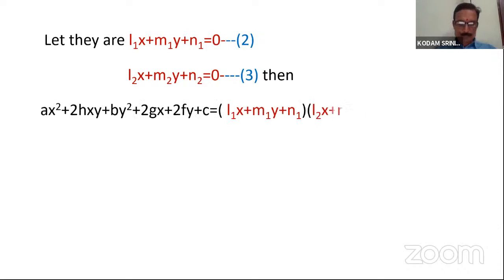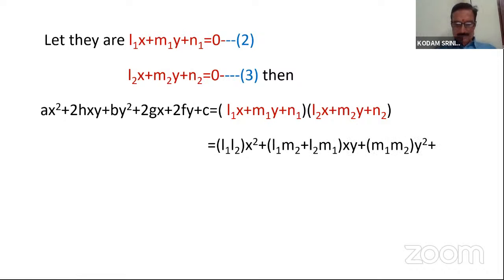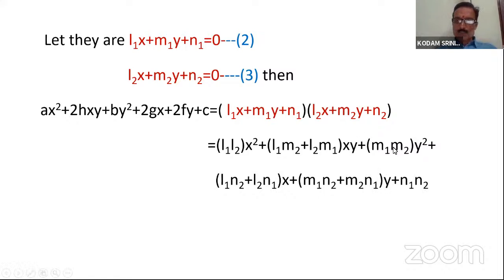That means we have to write the combined equation of these two, the second and third equations, so we multiply these two equations. After simplification we get L1L2 x square plus L1M2 xy plus L2M1 xy. Similarly the y square term is M1M2 y square.